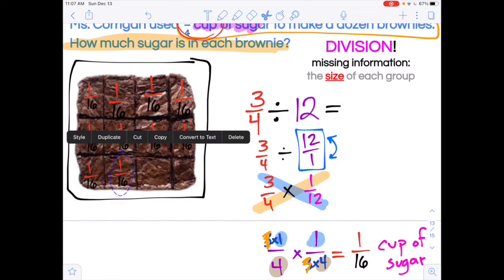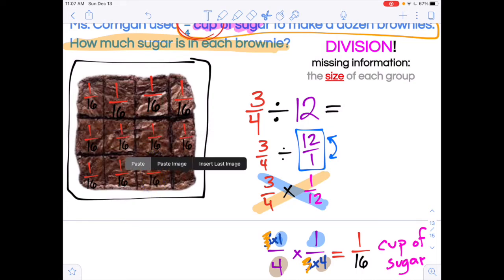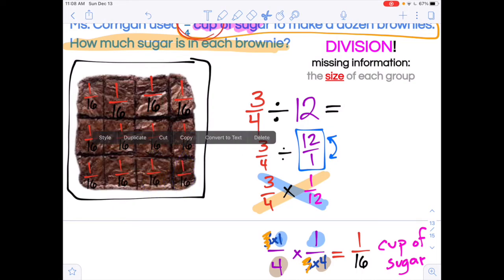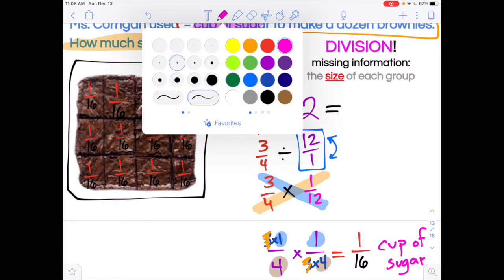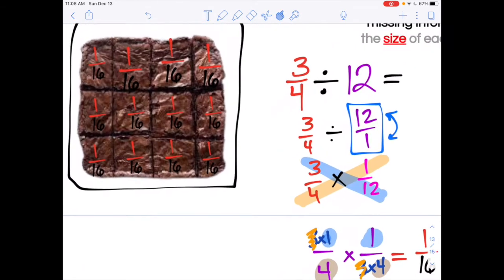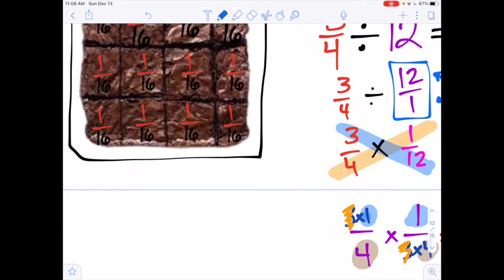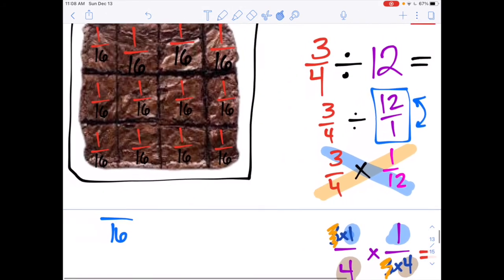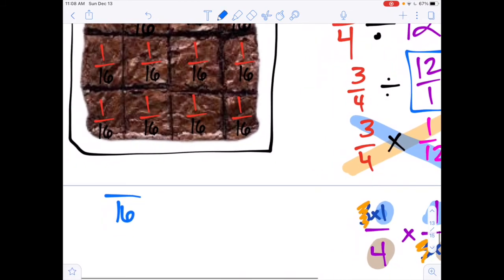Now you can see that it's multiplication. I know how many 1/16 I needed. I didn't know what number went on each brownie. That's what made this division. But if I added those all up, remember the denominator stays the same. So if I added all of those up, the denominator is going to be 16. And the numerator, well, there's 12 brownies and each one is 1. So 1 plus 1 plus 1, 12 times is 12.